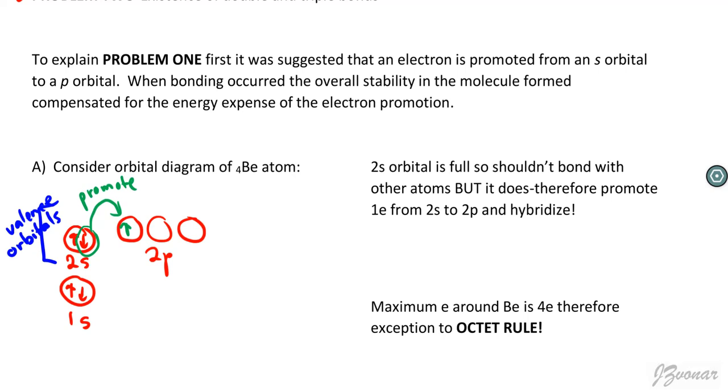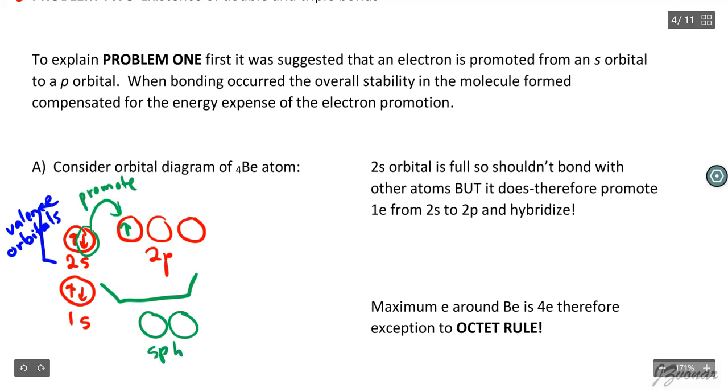And when it does this, it hybridizes. Hybridize means to blend. It hybridizes an s orbital and a p orbital, so we call this an sp hybrid. Each one of these orbitals is now half full.